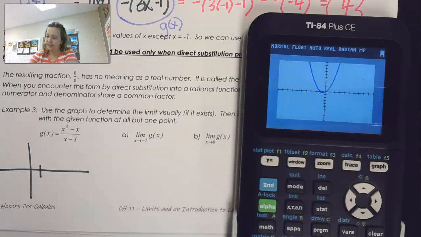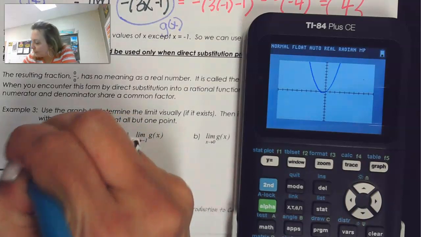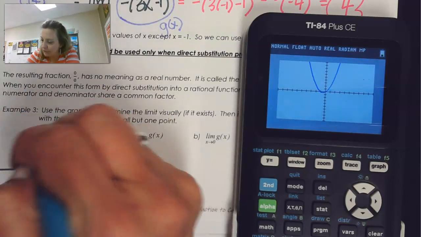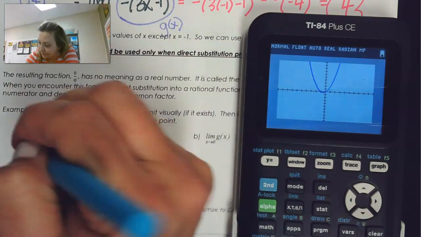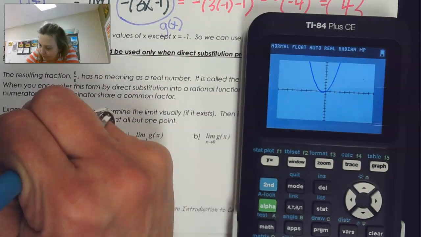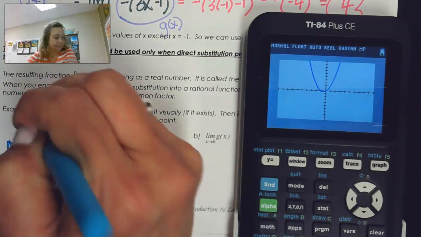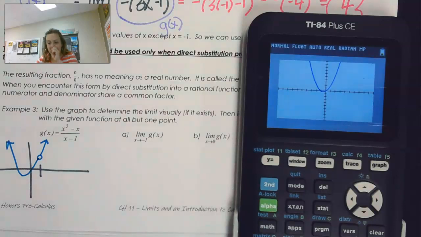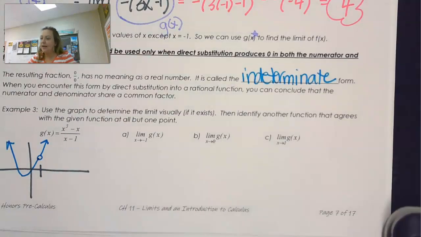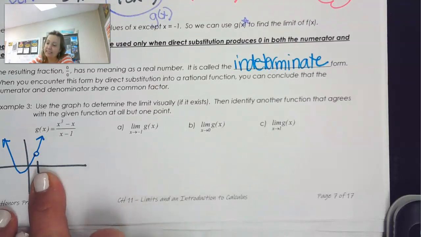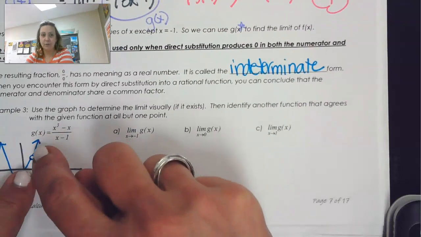If I'm going to draw this, just a little sketch here, it looks like there's a little hole here. I'm not sure where that is. But we can see that it's going to cross at 0, kind of go up like this, and so on. So it looks something like that. As far as the limit, if it exists, we can see that it's going towards here.